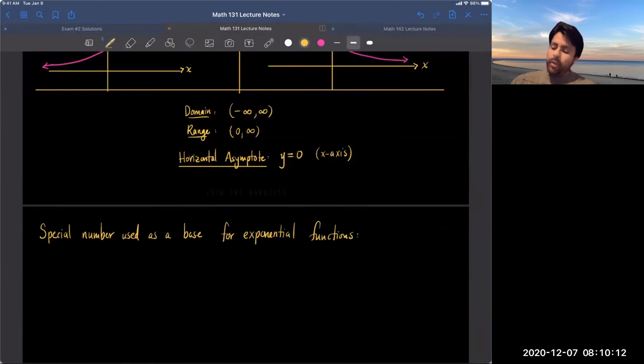And that base is called Euler's constant. It looks like you should say Euler, right? But it's Euler, it's German. And this constant is given by E. And this is an irrational number.